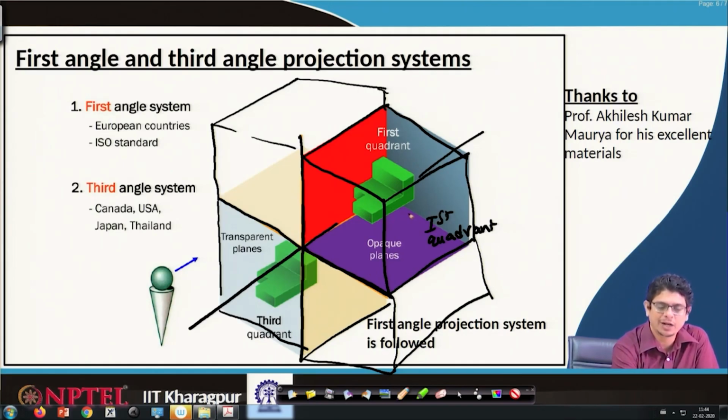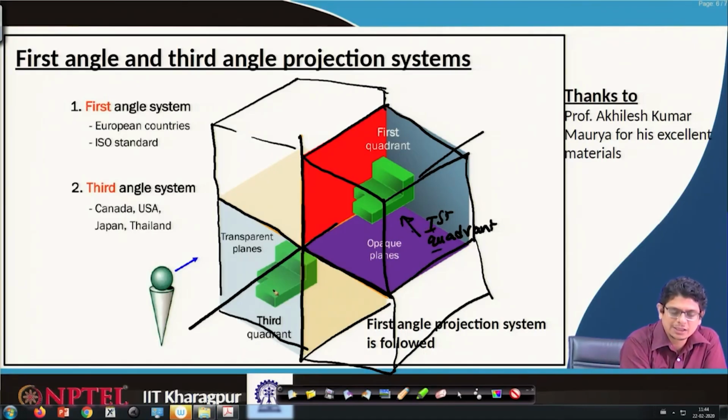So, if the box is placed in the first quadrant system, in which we assume another object is placed, something like a slot block, and we try to look at the views of that box, then that is what we call one of the quadrant systems. In this case, this block is placed in the first quadrant. So, any views constructed based on that we call first quadrant.